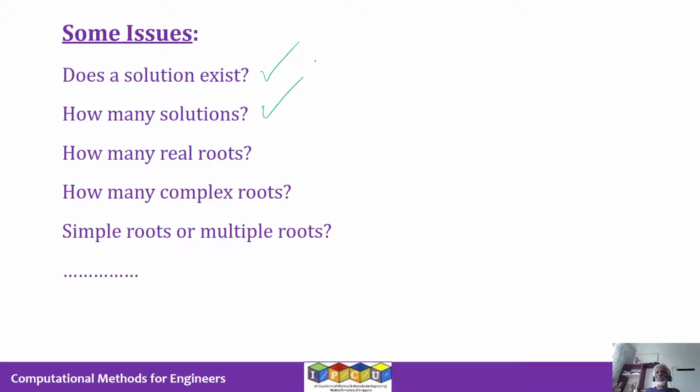For polynomials, we can say, yes, the number of solutions will equal the order of the polynomial. But how many real roots? We cannot say, even in that case. Even for polynomials, we cannot say how many roots are real, how many roots are complex, or whether the roots are simple roots or multiple roots. We cannot say any of these things a priori.